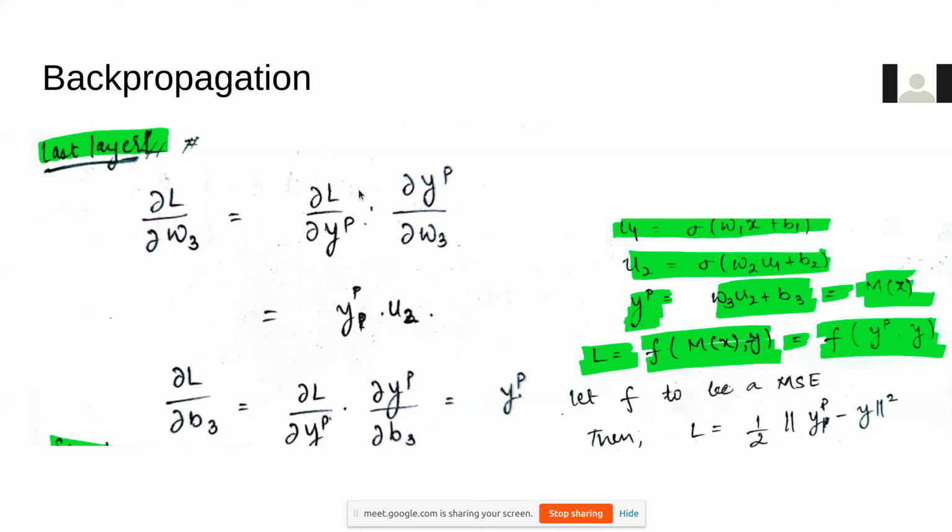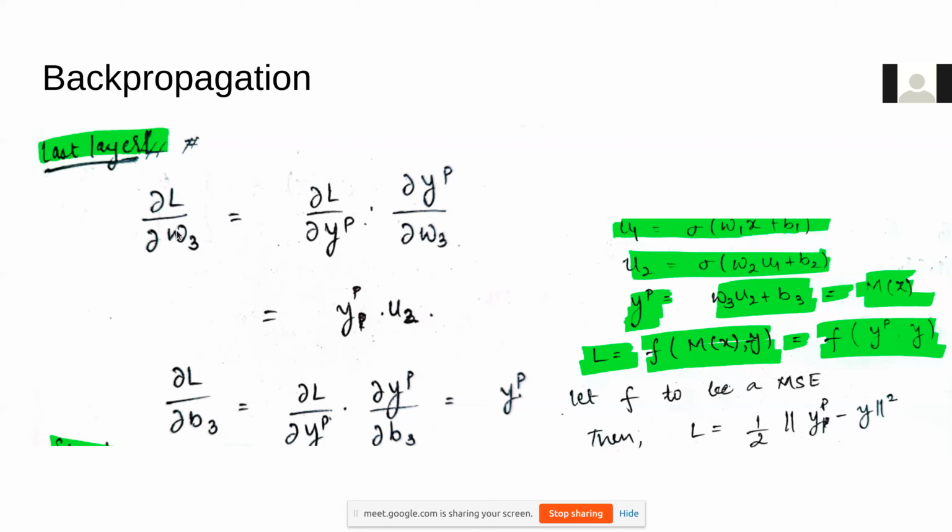That is the chain rule. So differentiating L with respect to yp will result in simply yp, the 2 being cancelled with this 1/2. And the derivative of yp with respect to W3 will simply result in u2. Okay, so this is the gradient of L with respect to W3.